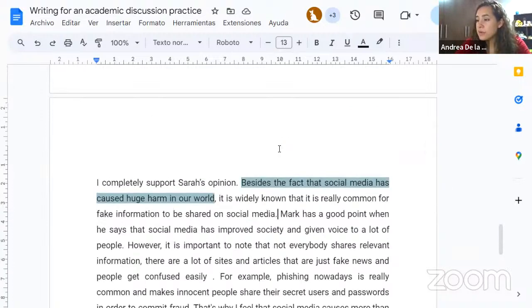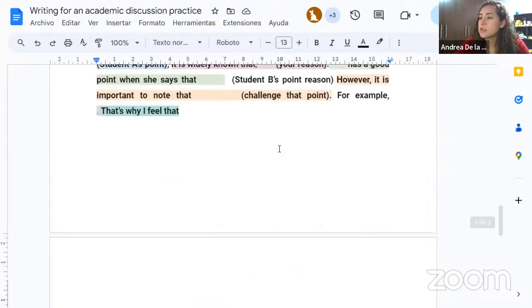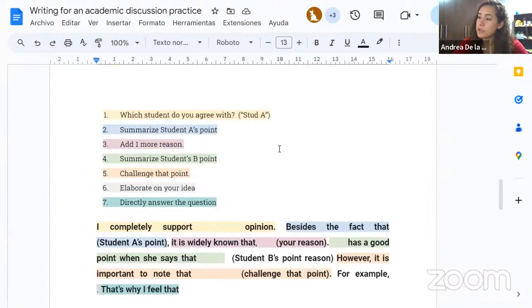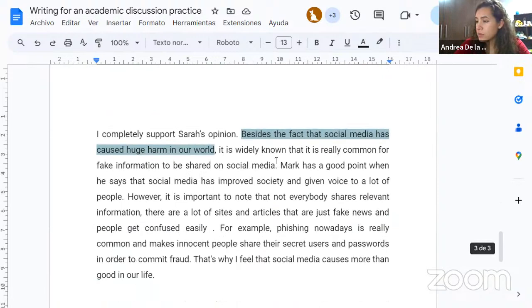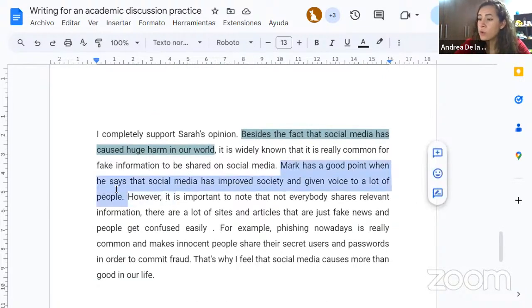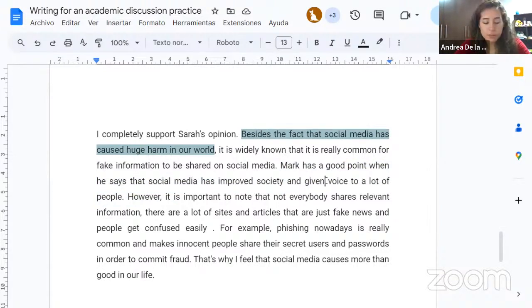Now, the next thing that you guys needed to do was choose a point from the other students and summarize it, right? So here we have, Mark has a good point when he says that social media has improved society and given a voice to a lot of people. I love this.